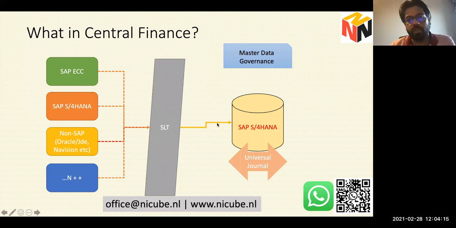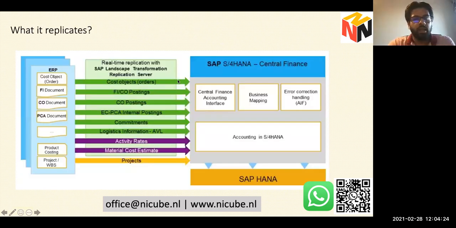So the first step is you implement central finance, you bring your data together, and then you implement central payments. Central finance is replicating all these objects: cost objects, which include internal orders, FICO postings, CO postings, ECPCA postings, commitments, AVL, activity rates, material cost estimate, and projects.